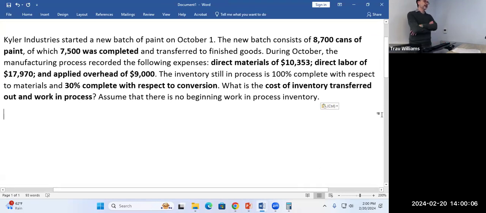This company's making 8,700 cans of paint. 7,500 are complete, so 1,200 are still in process, right? Everybody agree? Okay. They give us the direct material cost, the labor cost, and the overhead cost. How would we figure out the conversion costs?